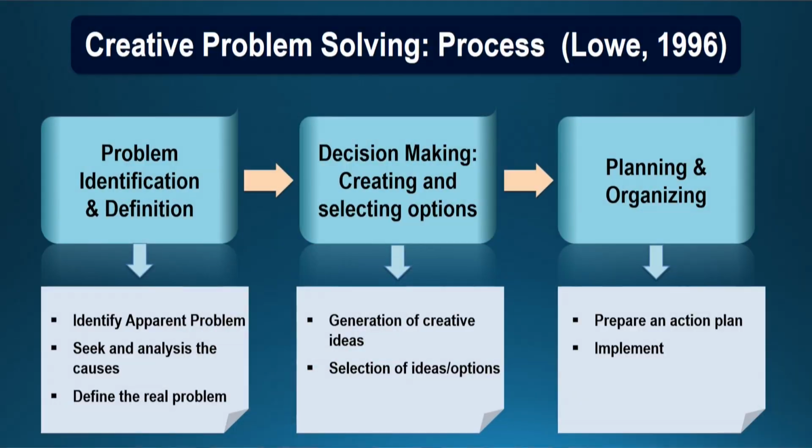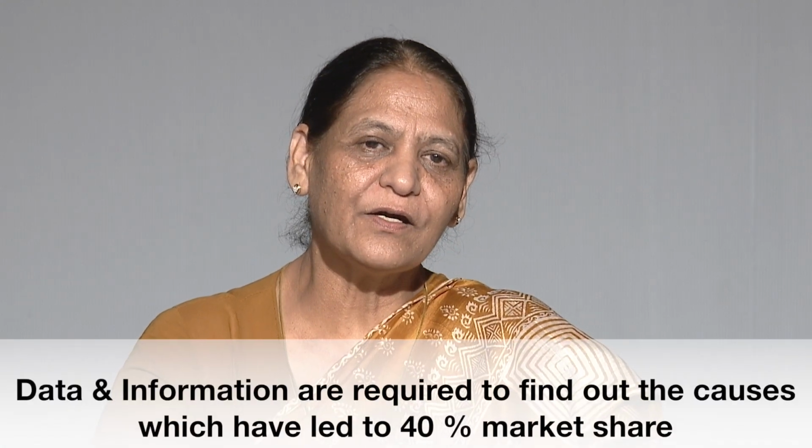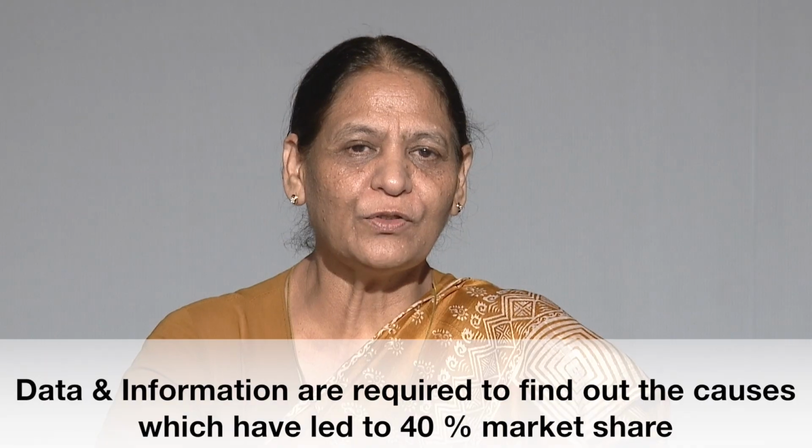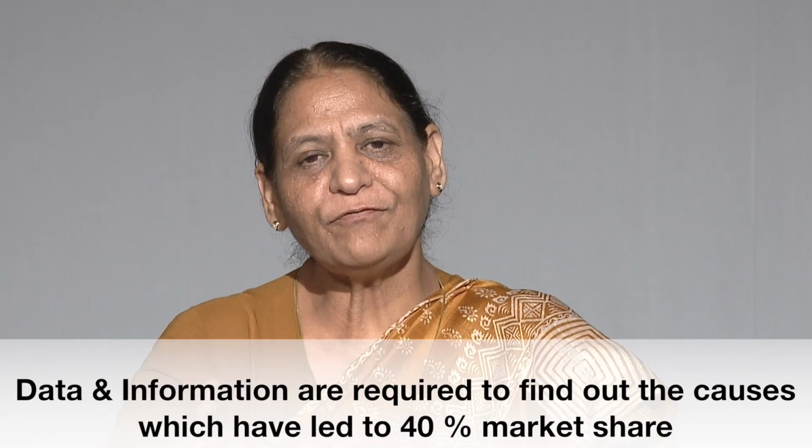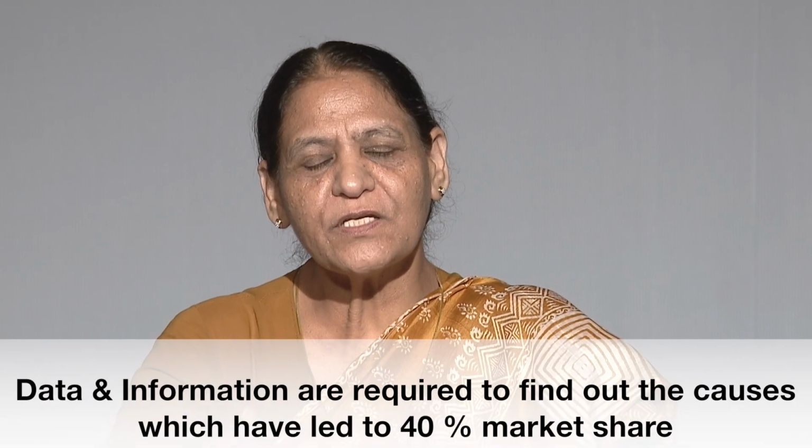The second step includes analysis of the causes for which the market share is restricted to 40%. So, data and information are required to find out the causes which have led to 40% market share. And there may not be one reason, but a number of reasons why market share is 40% for a particular product.